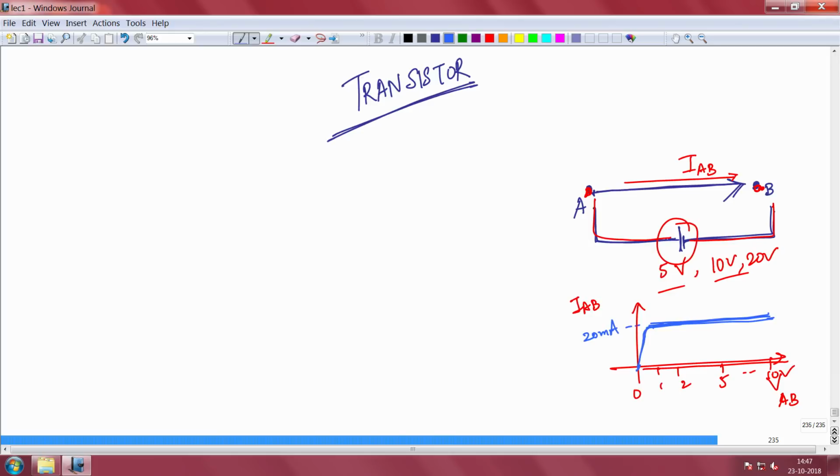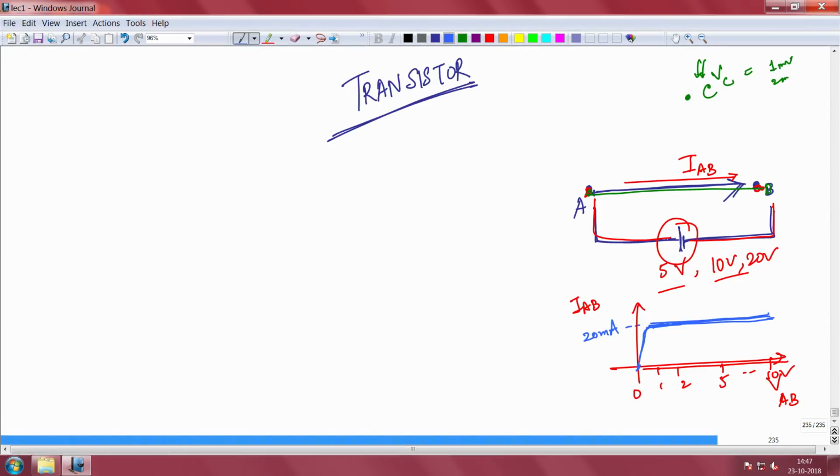What is controlling then? What is controlling is actually a third point, C. Either the voltage you are applying at C or the current you are feeding in at C should control the current between A and B. If I am increasing the voltage at C, V_C, from say 1 millivolt, 2 millivolt, this current should keep changing.